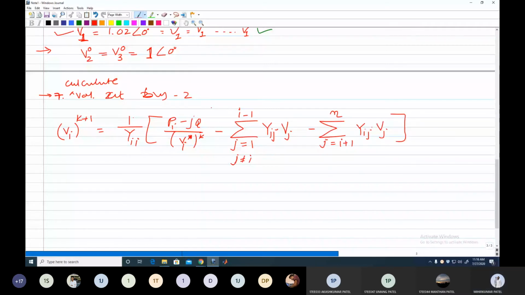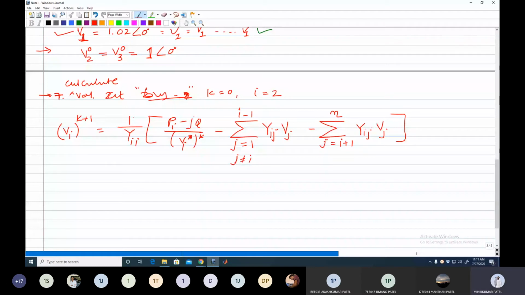However, just substitute the values. We have selected k equal to 0 and i equal to 2, because we start the calculation from bus number 2. Clear? So i equal to 2 and k equal to 0.